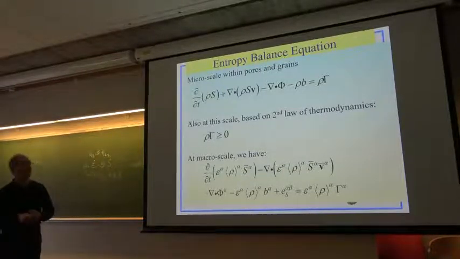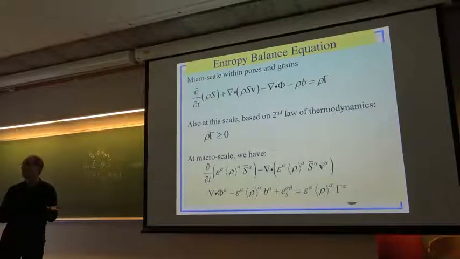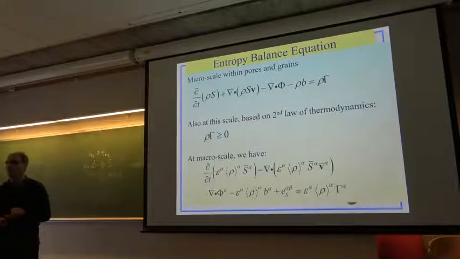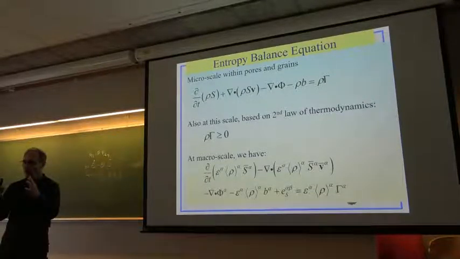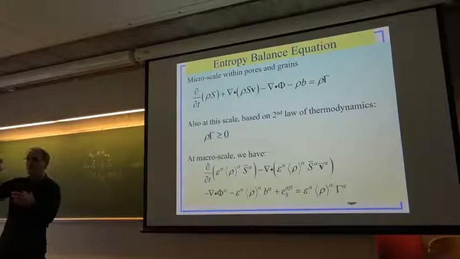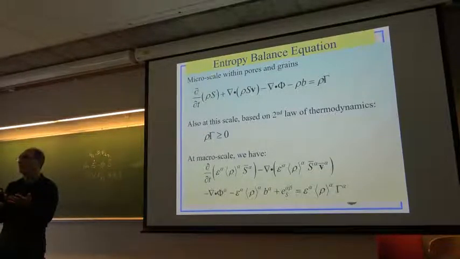Now then you can say, you can also average this, and therefore you get that this must be non-zero for each phase separately. But that is not the observations. It would be like to say, look, if I have a refrigerator, and this refrigerator is separated from the outside world, then its entropy can only increase.